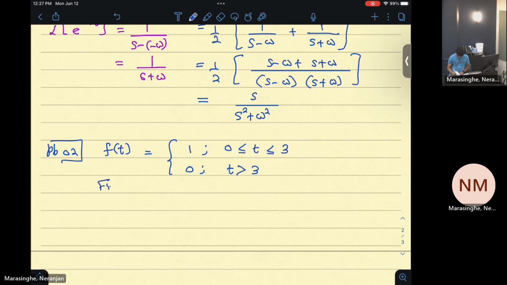Find the Laplace transform of this function.